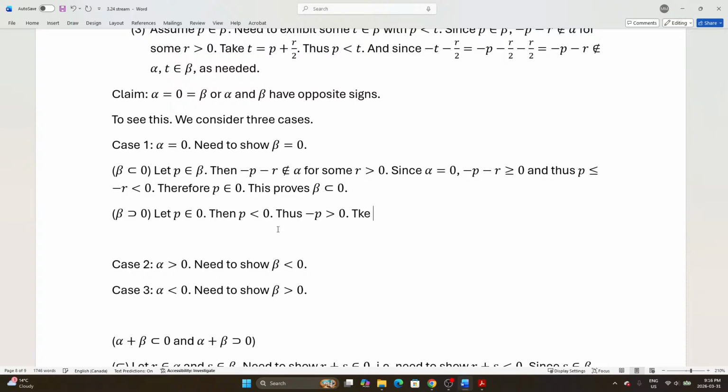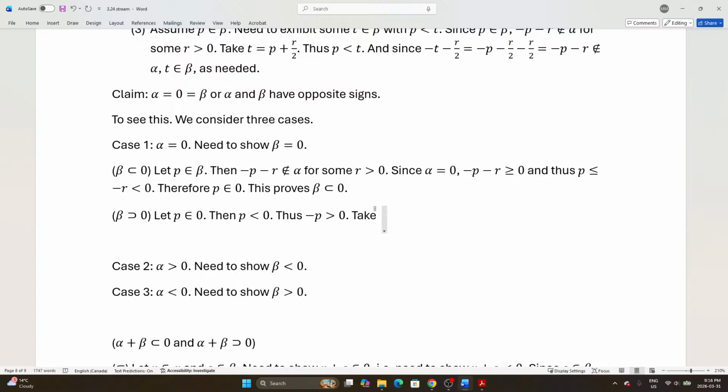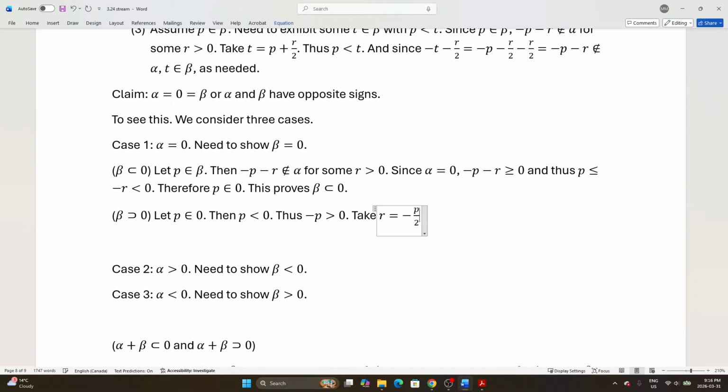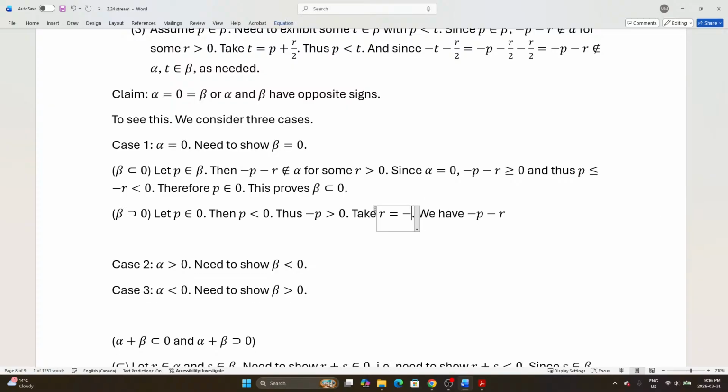Okay, take R to be minus half P, we have minus P minus R. Actually I can just take R to be minus P. I don't need this half business.